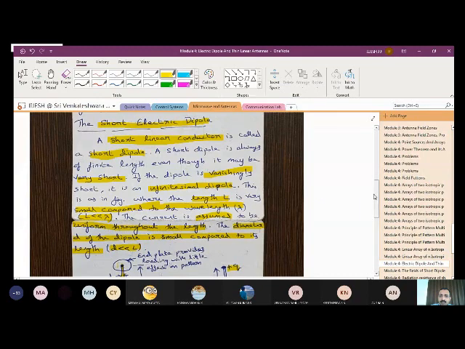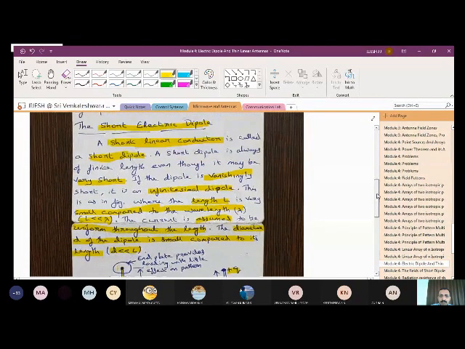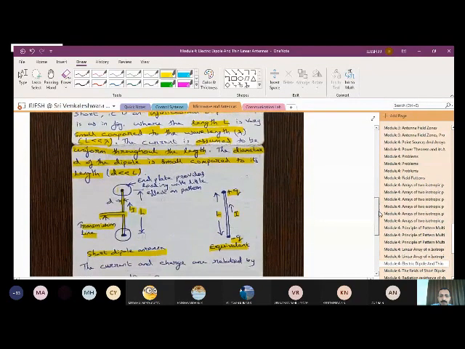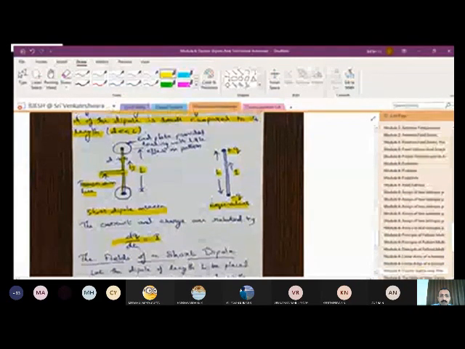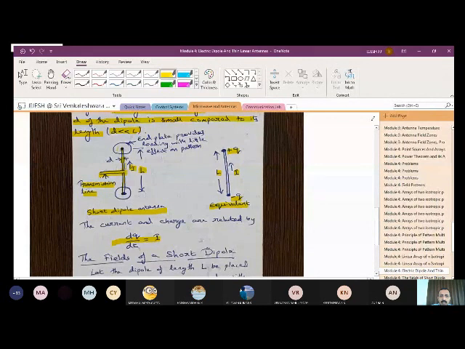So this is what we discussed about short electric dipoles in the previous class. This is the antenna of length L with the current flowing through it, and you have a parameter D here, the diameter. The diameter has to be very much less compared to the length of the antenna, and the length of the antenna should be very much less compared to the wavelength.